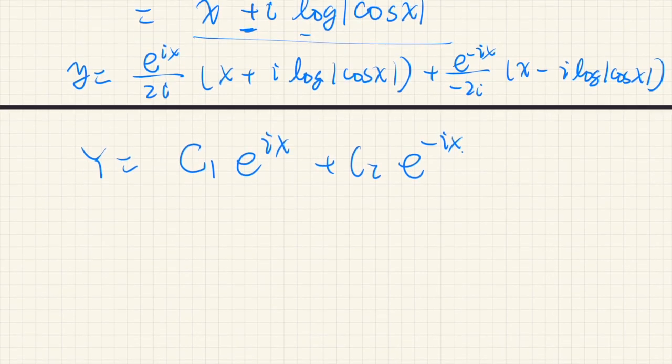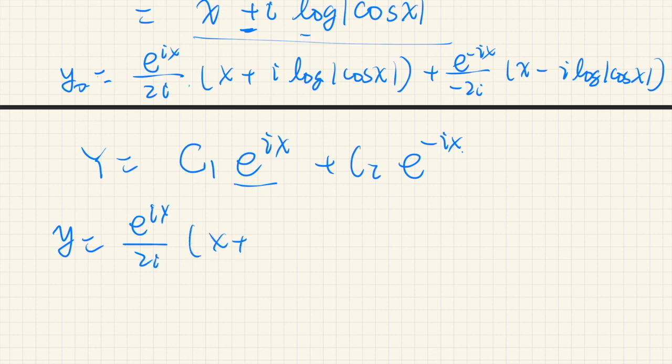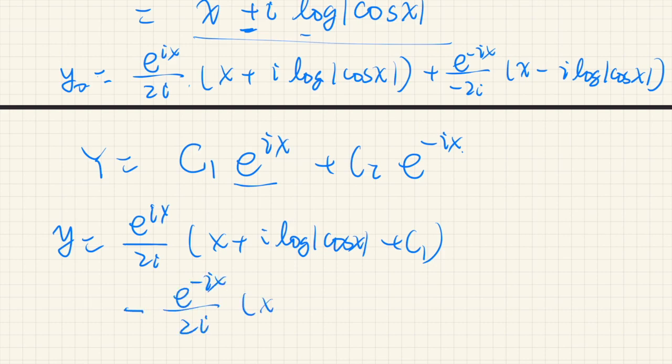Let's call y0 the special solution, and the general solution is y equal to this plus, so this can be factorized, I think, and 2i, x plus i log cos x plus C1, minus this, minus i log cos x plus C2.